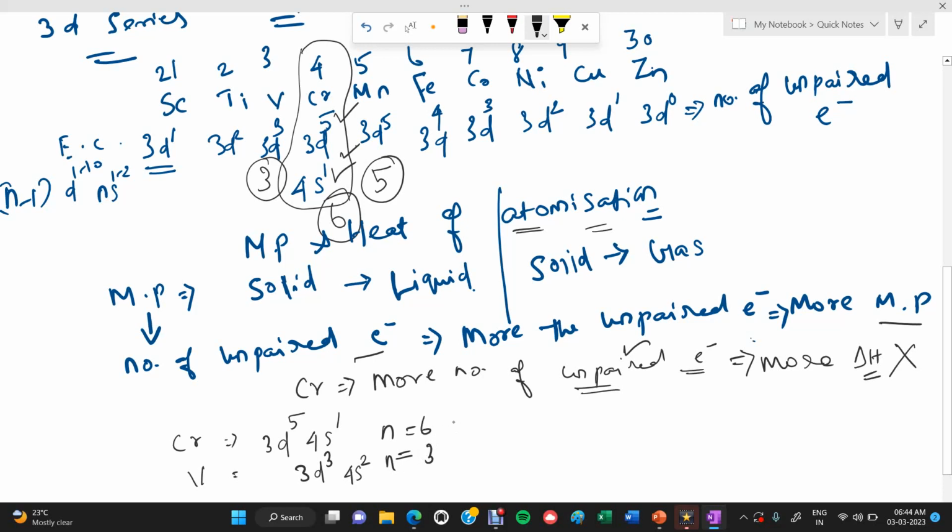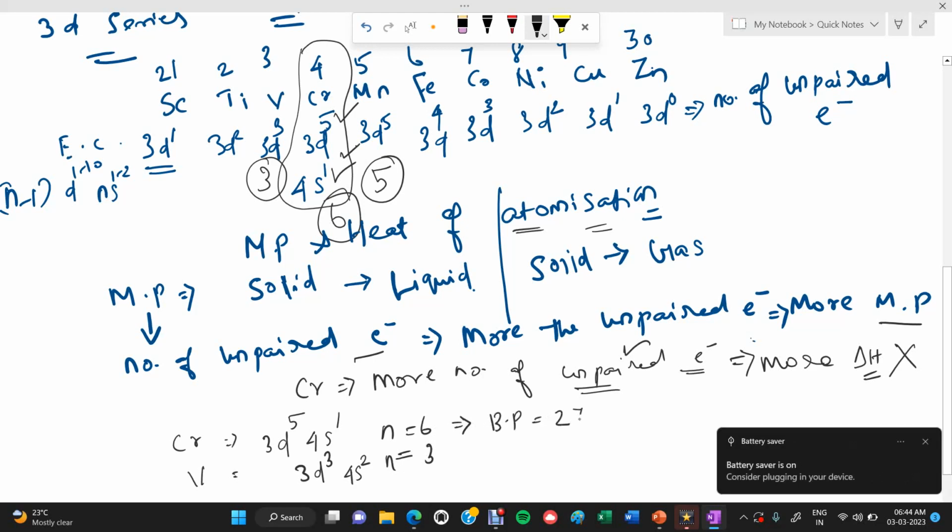The next point: the boiling point of chromium is 2700 degrees Celsius, and the boiling point of vanadium is 3407 degrees Celsius.